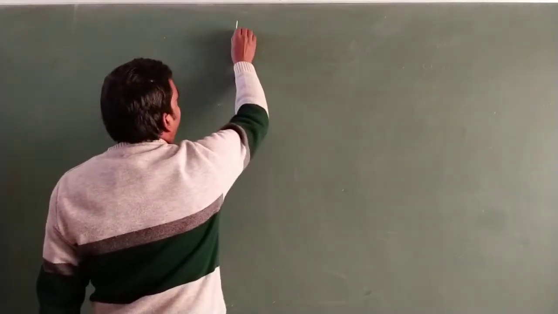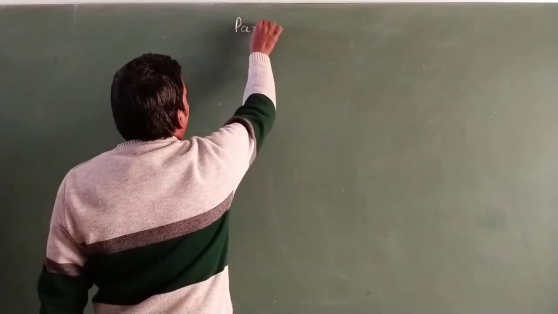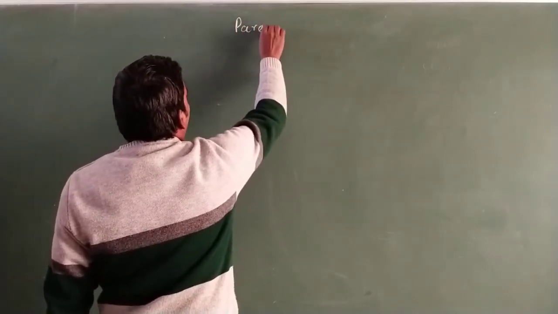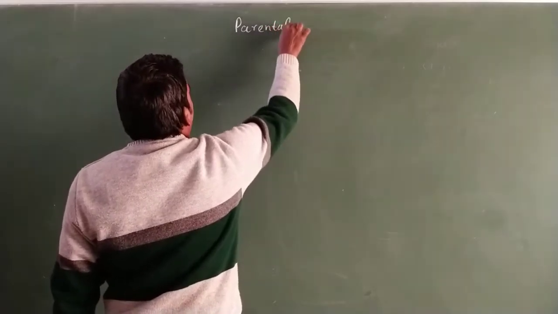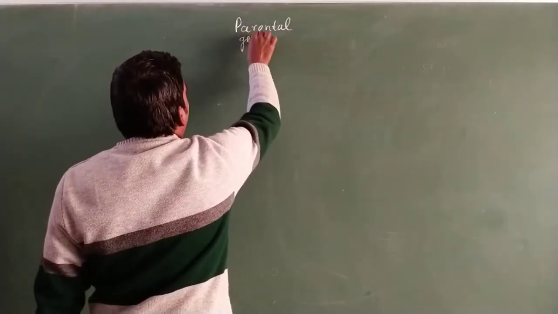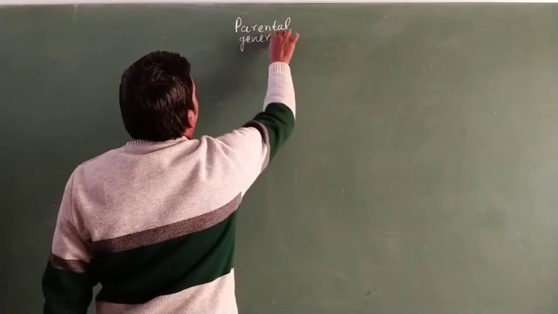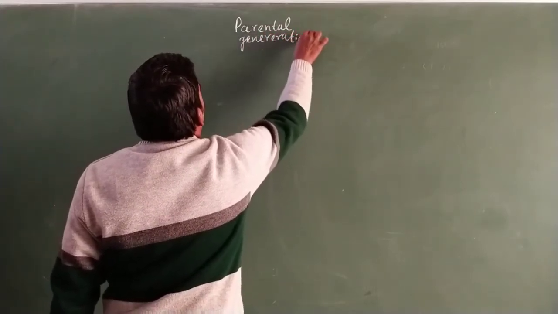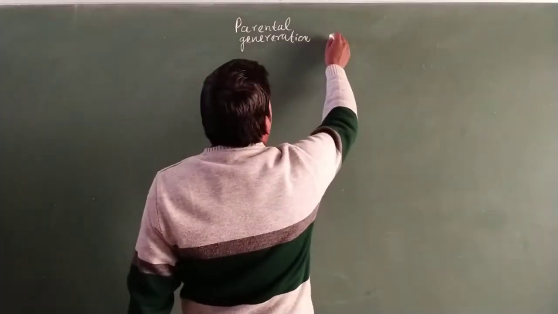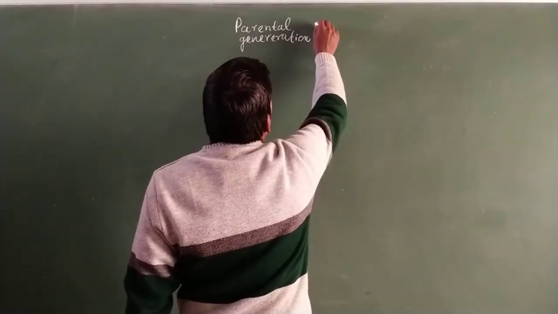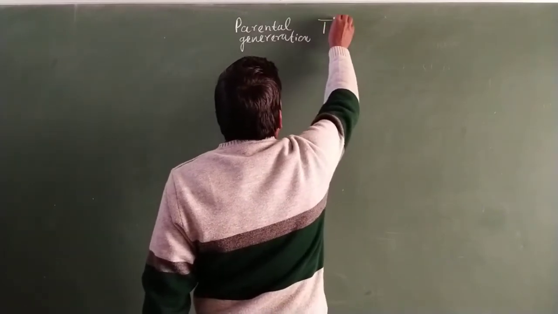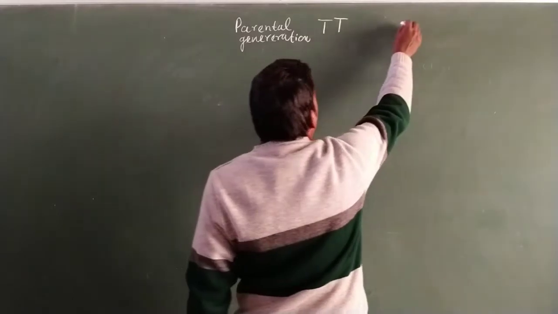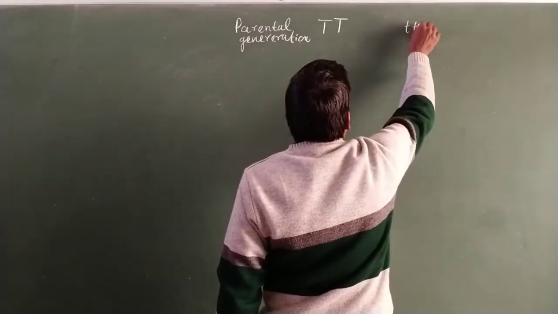So when we cross, in the parental generation, the two parents consisting of a tall plant and a dwarf plant.